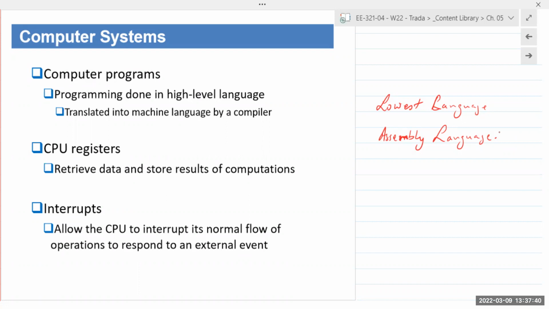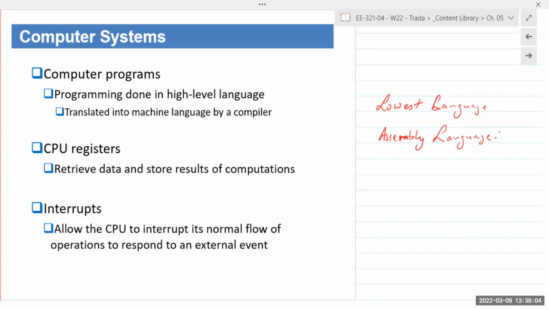Especially as non-E engineers, you might be interfacing with a piece of equipment in your own field, and it might use assembly language. At the higher end, you have all the higher level programming languages, which is what you type up at a computer on the keyboard. There's a compiler inside that changes your high level language into low level language and sends it to the machine.